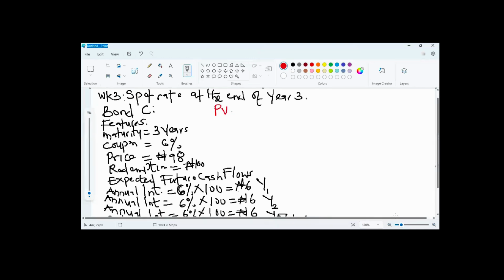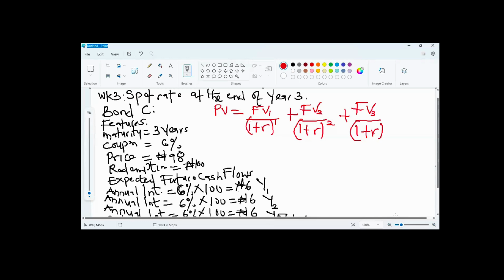Present value is equal to future value in year 1 divided by 1 plus R in year 1 raised to power 1, plus future value in year 2 divided by 1 plus R year 2, plus future value in year 3 divided by 1 plus R year 3.